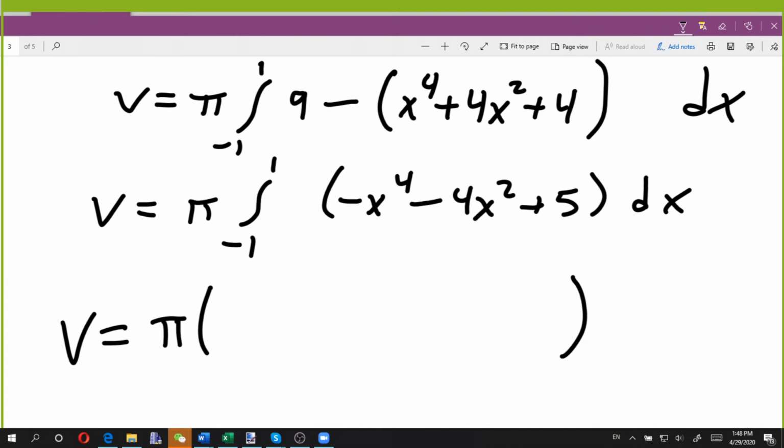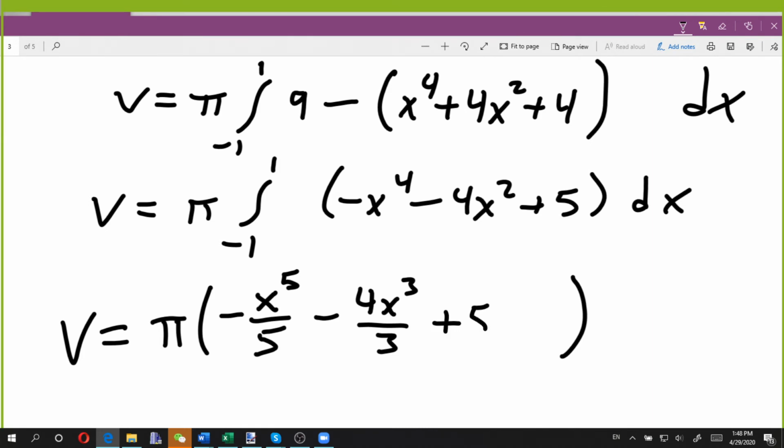What happens when I integrate this? It will be negative x to the fifth power over 5 minus 4x cubed over 3 plus 5x.